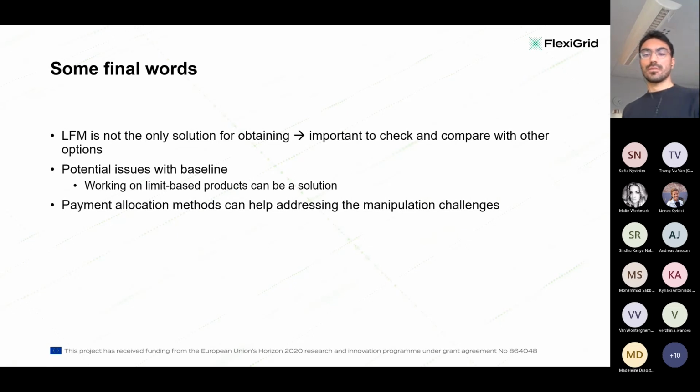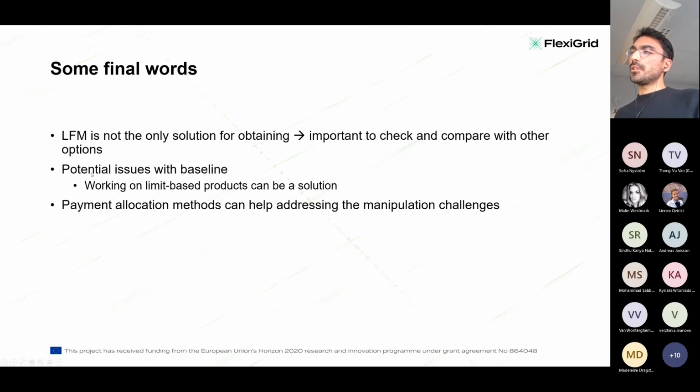Instead, we can just go with reinforcing the grid and then use local flexibility markets at higher levels, at the city level or at the regional level. I'm not recommending this, I'm just trying to raise the question that there might be better options as well. So it's good to see the whole picture.